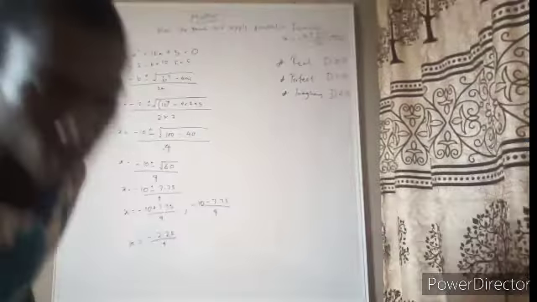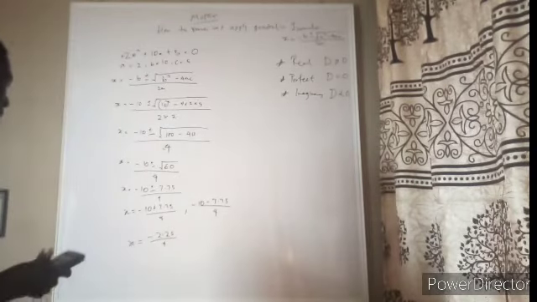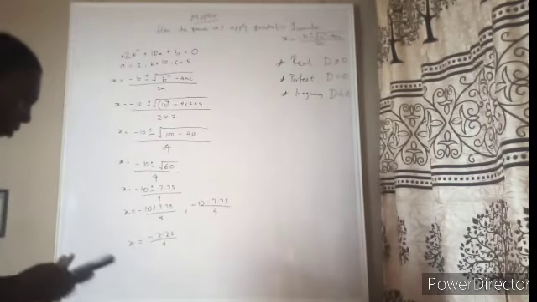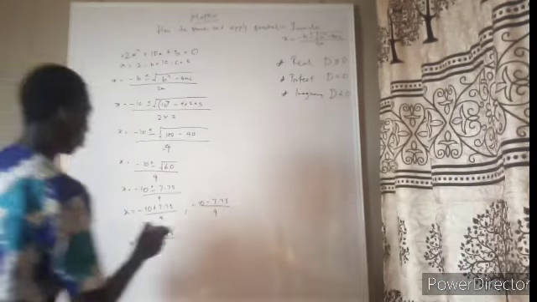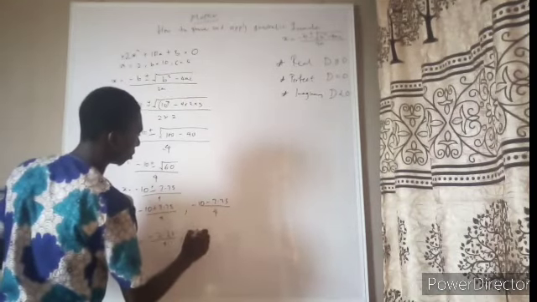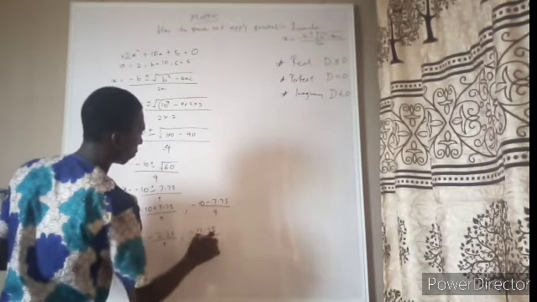Let's confirm that in our calculator. Okay, we are correct, minus 2.25. Then the other will be minus 17.75 all over 4.